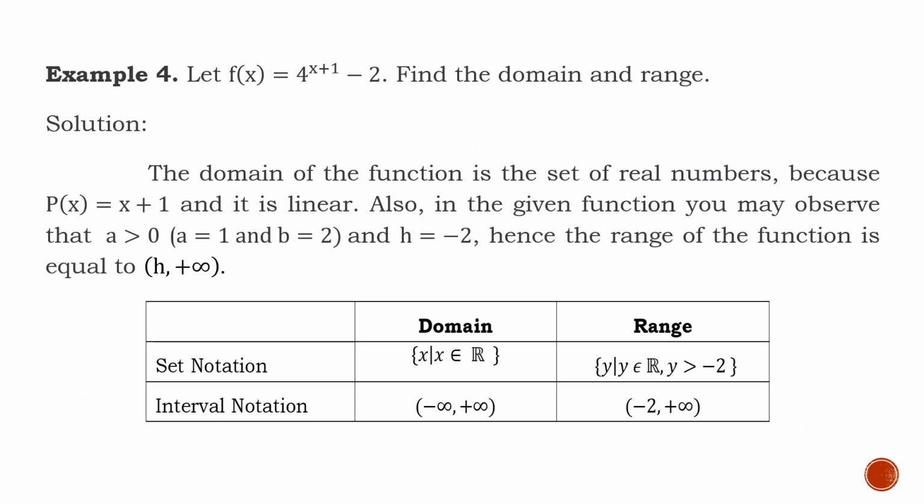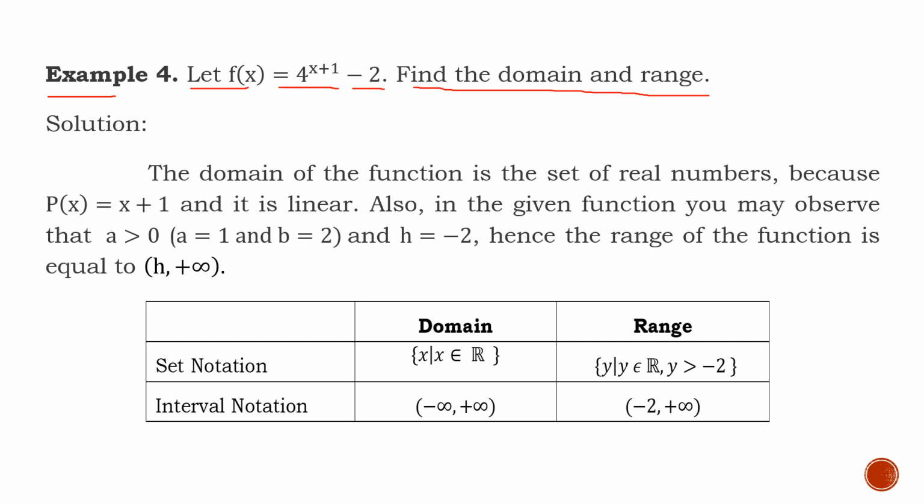For example number 4, let f of x is equal to 4 raised to x plus 1, minus 2. We're asked to find the domain and range. Here there's an involvement of a linear function as your exponent. There are values of a and h, wherein your range will always be dependent on the values of a and h.